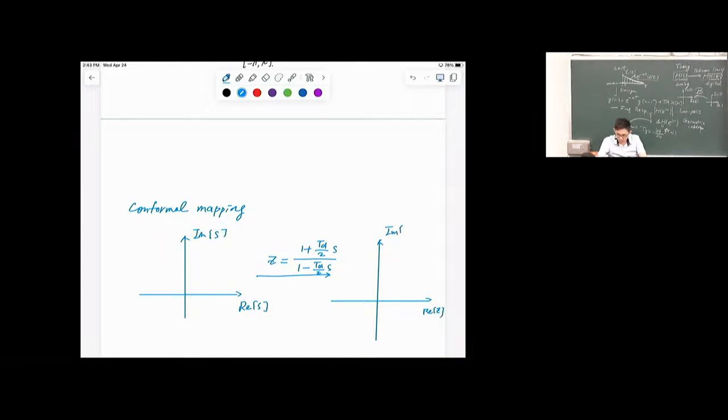Two-dimensional to two dimensions, okay? So any analytic function, when you make the transformation, it preserves angle.